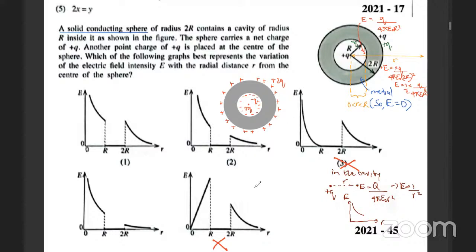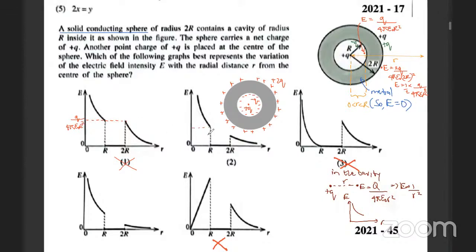So which one do you think is the best option, guys? Here it is wrong, because look at the values. Here it looks like they both are equal, because if this value is simple Q over 4 pi epsilon naught R squared, they are saying outside the sphere also it's the same value. That we can't agree with, no? And if you take this one, here this looks reasonable.